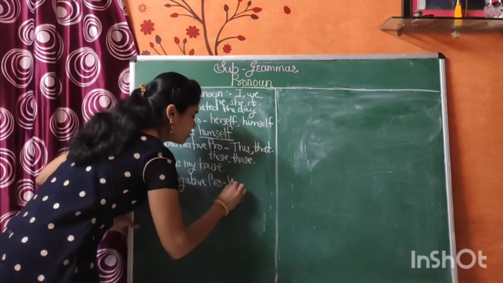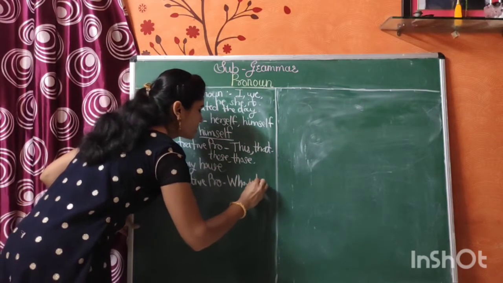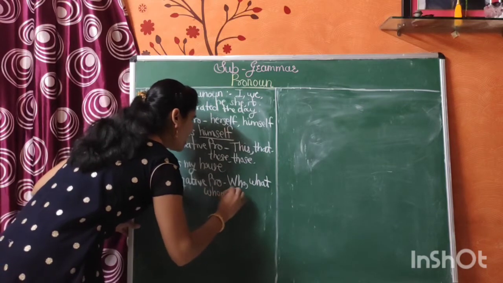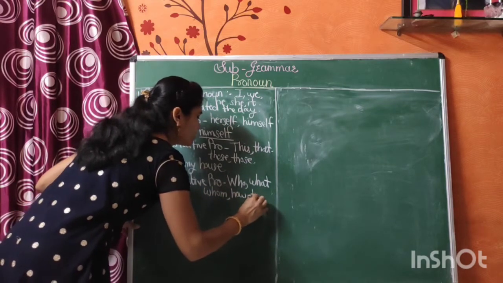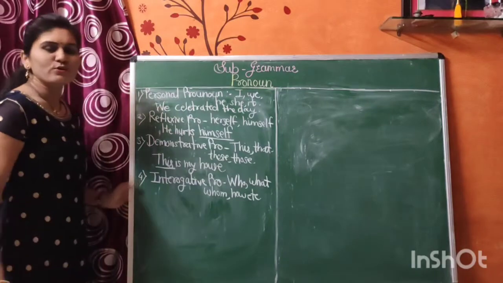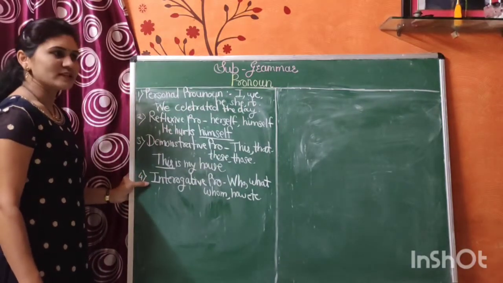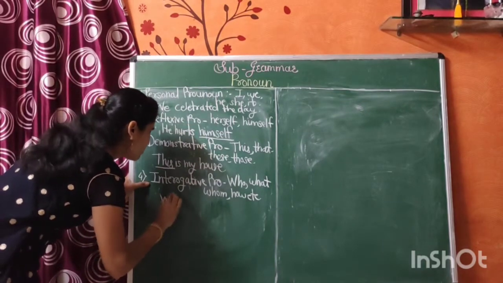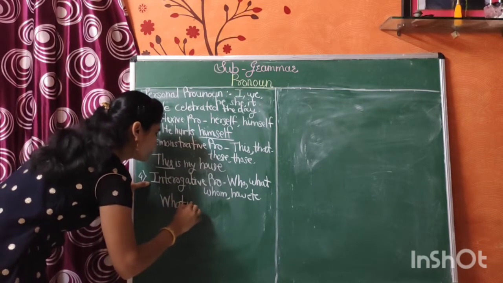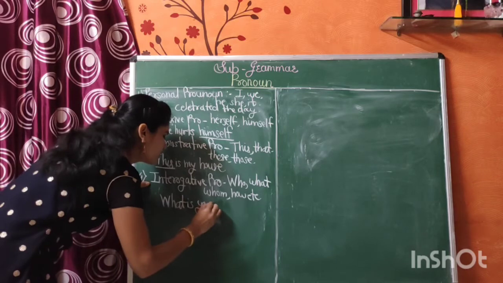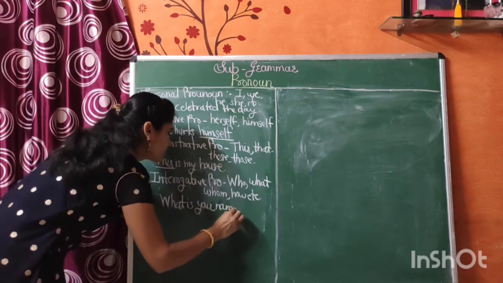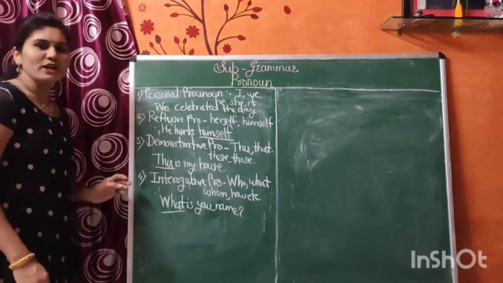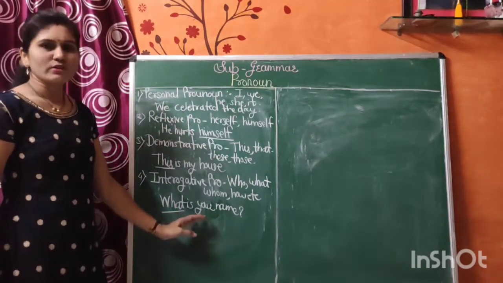For example, who, what, whom, how, etc. These are called the interrogative pronouns. Let's see the example. What is your name? So what is an interrogative pronoun which we have used to ask the question.